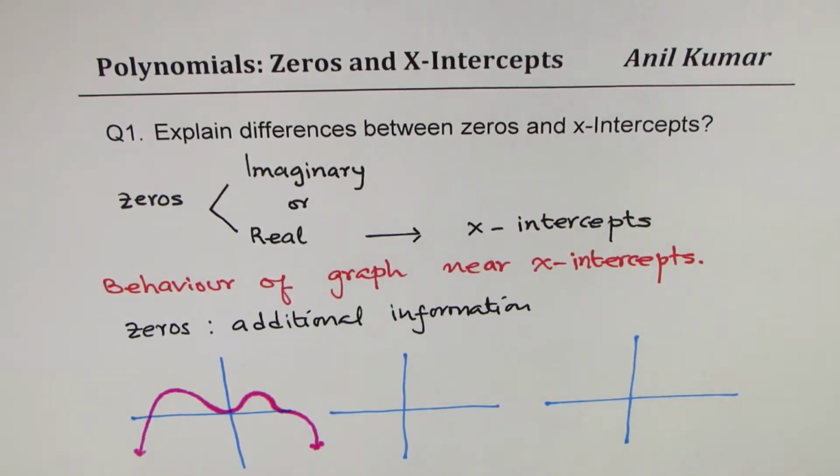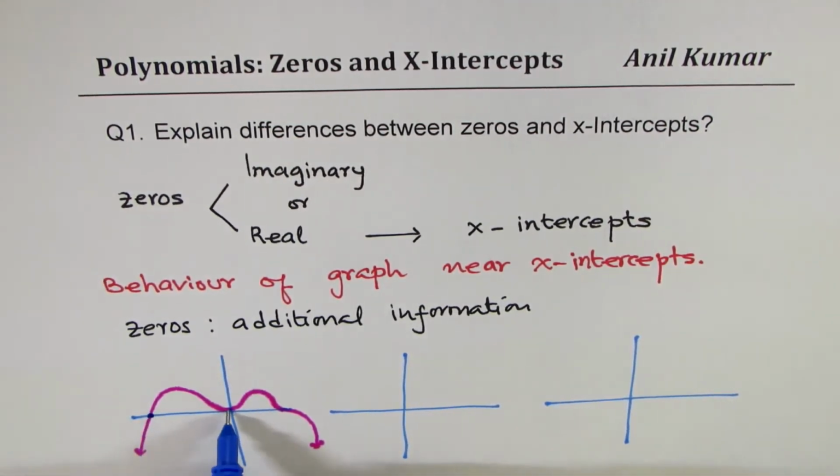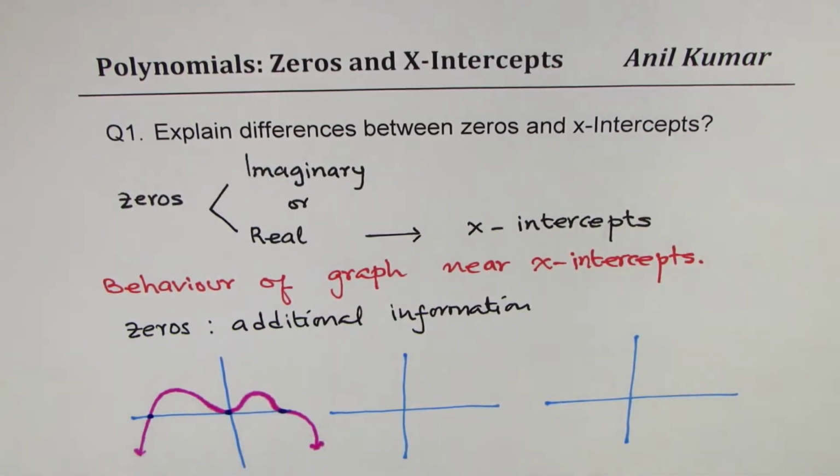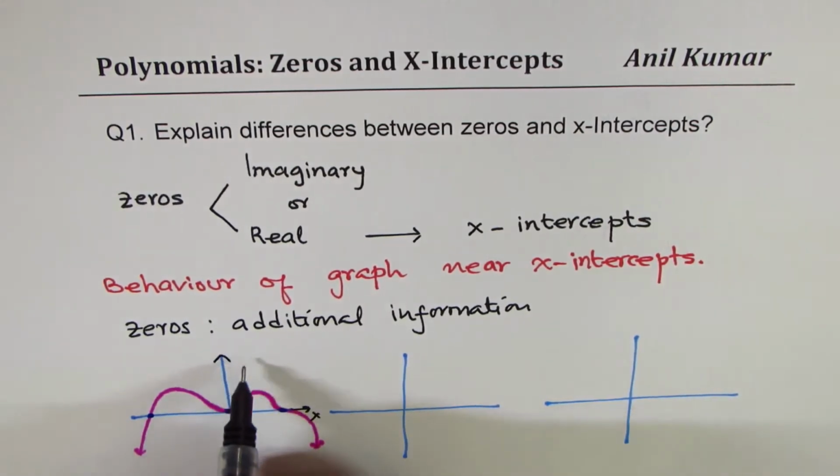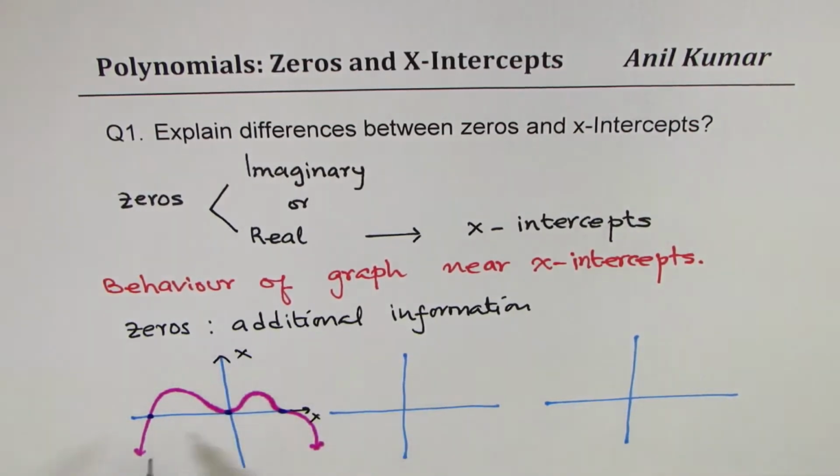Clearly, there are a couple of x-intercepts. Wherever the graph crosses the x-axis, those are the x-intercepts. So the x-intercepts are these three, wherever the graph crosses or touches.